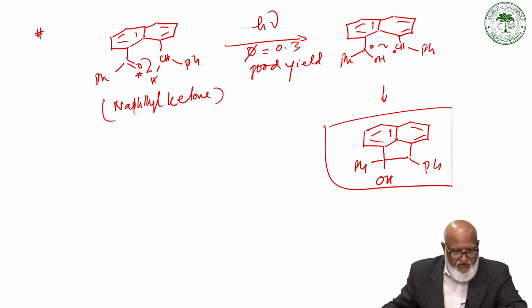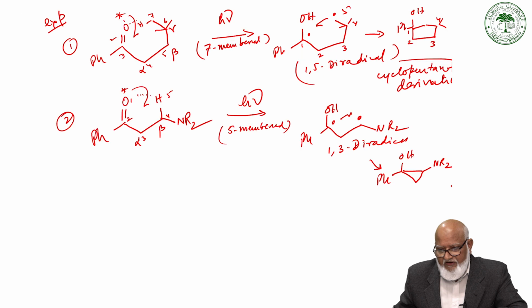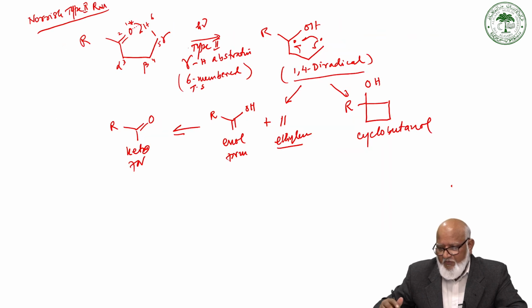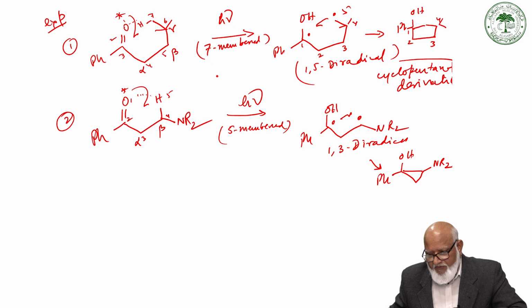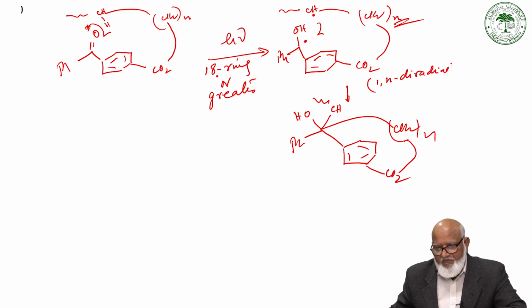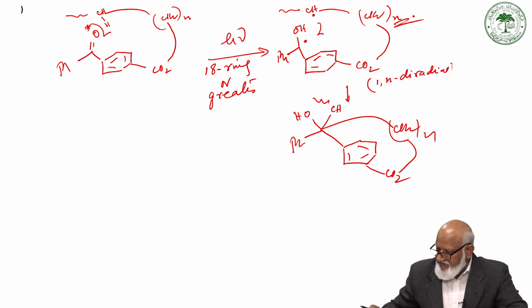So we can see we have a 1,4 diradical, a 1,5 diradical, a 1,3 diradical. 1,4 diradical gives a cyclobutanol derivative through the 6-membered ring formation, cyclopentanol formation through the 1,5 diradical through the formation of a 7-membered ring. We have a cyclopropanol derivative from the 1,3 diradical through the formation of a 5-membered ring. Even larger ring systems have also been reported, 1,n diradical depending upon how long the chain is.